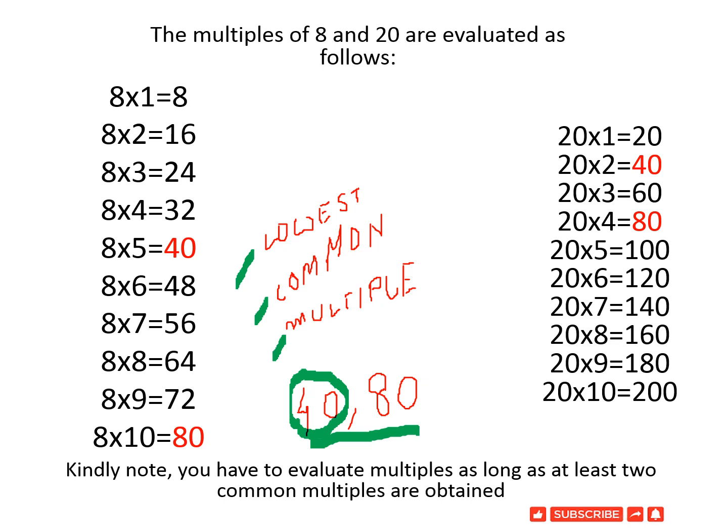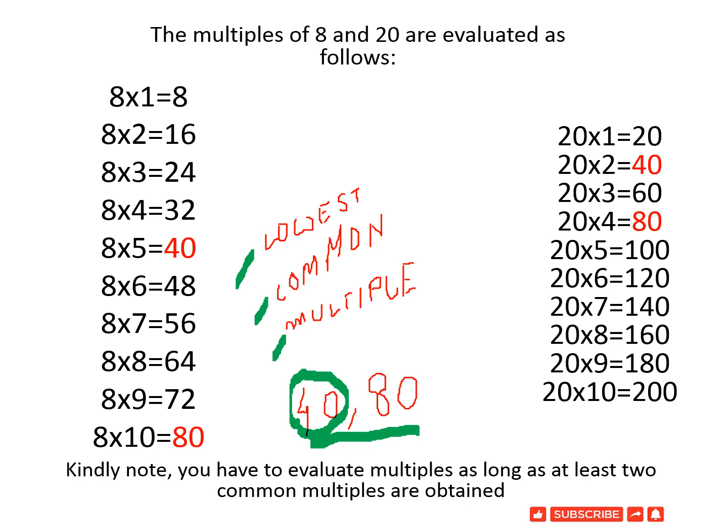But you may have been given some bigger numbers. So there you may have to find out more multiples, like 12 multiples, 15 multiples. You have to find out multiples until you get at least two common multiples.